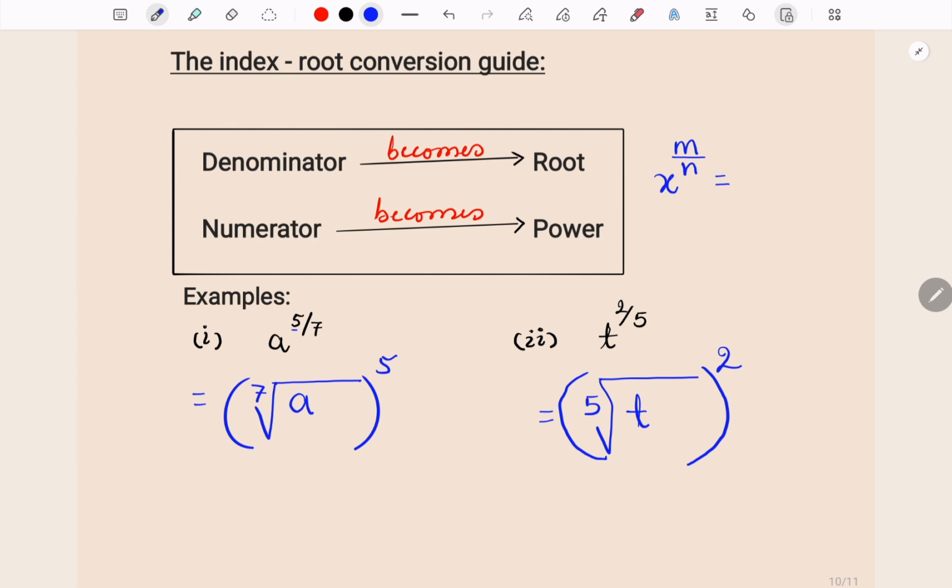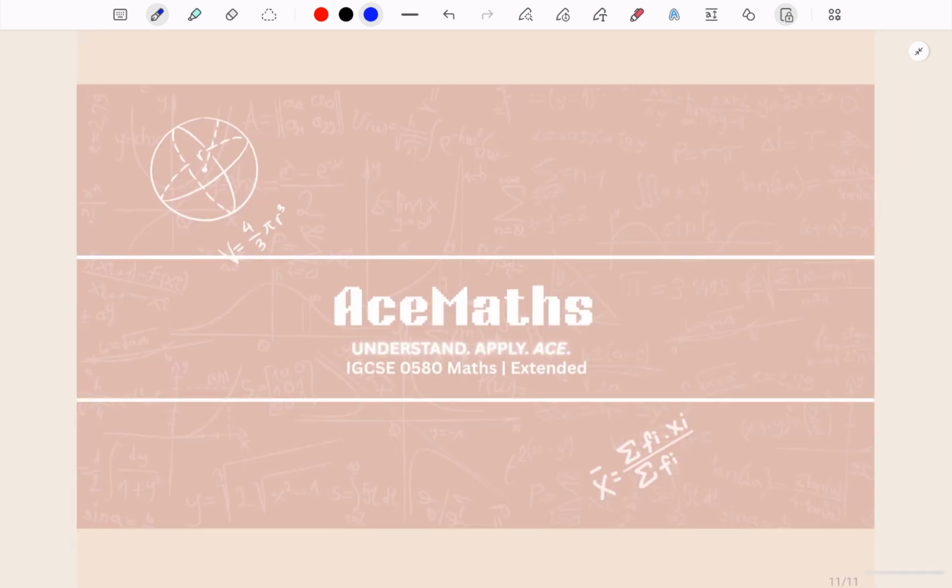In the root conversion, it will be the nth root of x, all raised to the power of m, or there is a different way to write it: the nth root of x raised to the power m. So to summarize, fractional indices mean roots, the denominator gives the root, and the numerator gives the power.